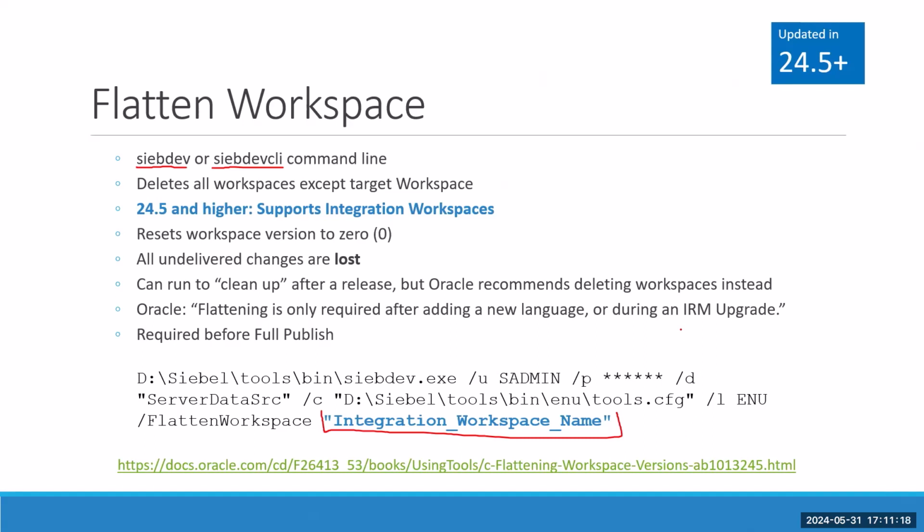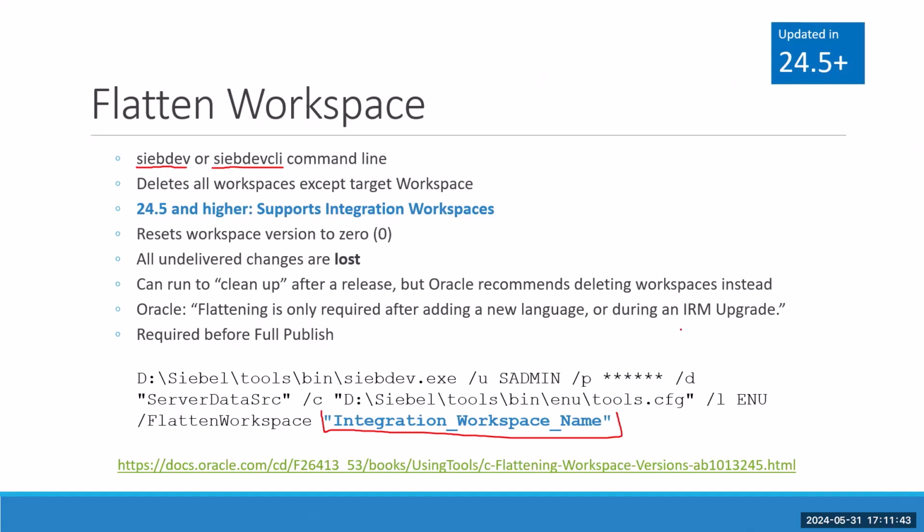It's deleted forever, unrecoverable, unless you have a backup taken, which is, of course, the right thing to do before attempting the flattening, so you can recover from a failed attempt. And any changes that have not been delivered in these child workspaces will, of course, be obliterated.